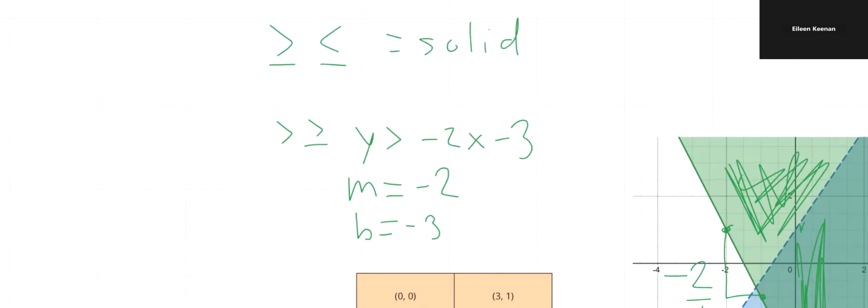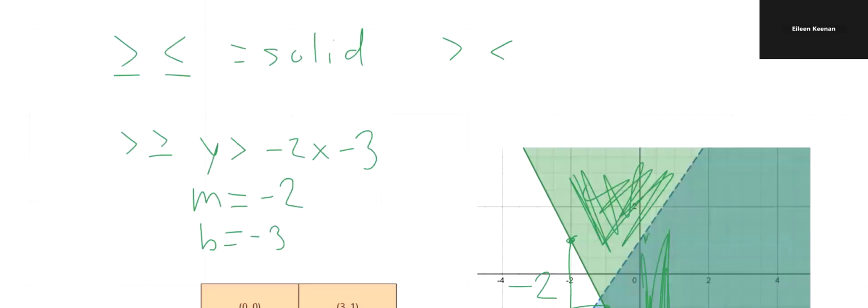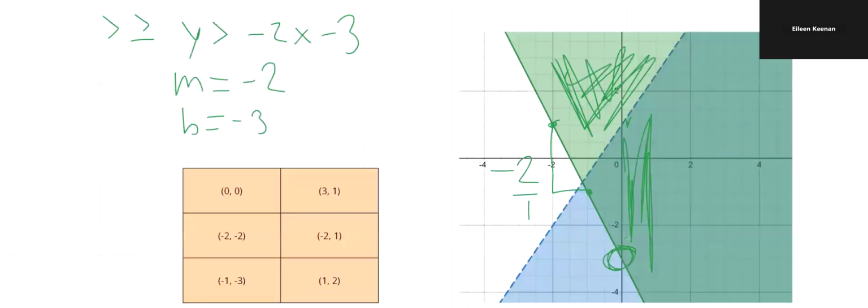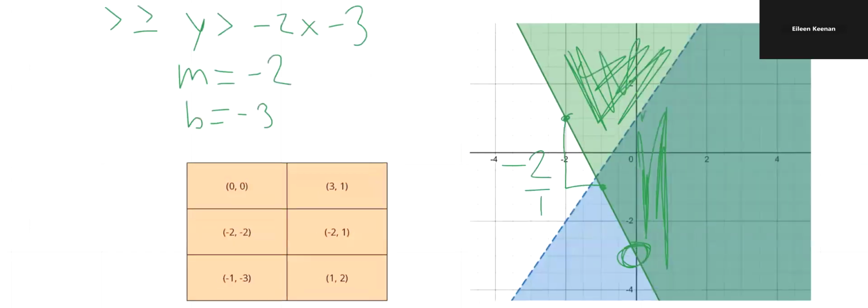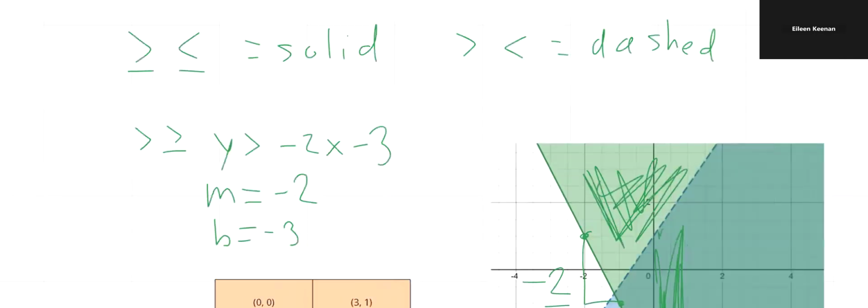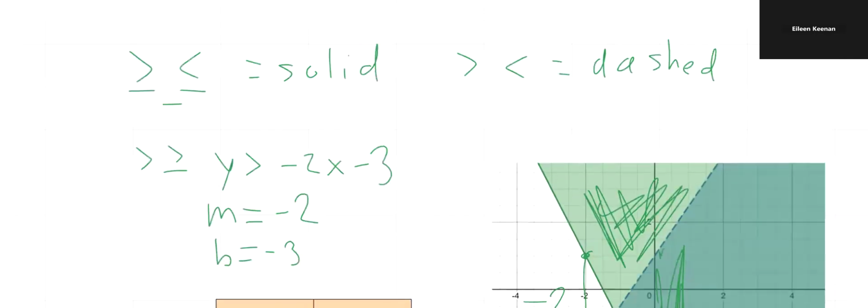If it's a dashed line, we use the inequality without the line underneath, so it's not or equal to. Looking at the green line, is this a dashed line or a solid line? This green one is a solid line. So solid means we have the line underneath. It's going to be y is greater than or equal to -2x minus 3 for our green line.